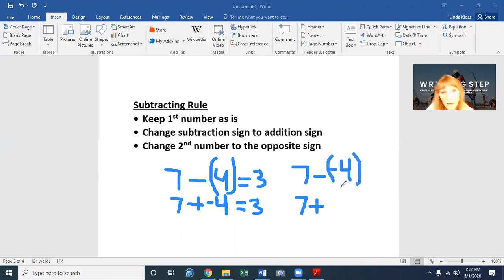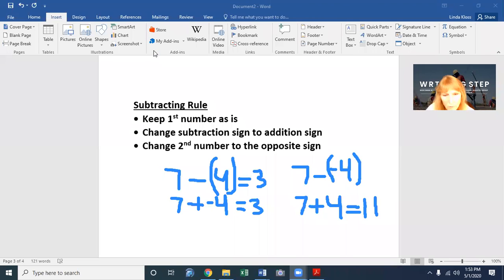It's currently a negative number, so we're going to change it to a positive number. And you're going to add 7 plus 4, 11. And that's weird for a lot of people, but that is the answer. And there is a mathematical way of showing that on the number line, but we're just going to use the rule, okay? So another way of looking at this is if you have two negative signs next to each other like this, they cancel each other out and they become 7 plus 4.